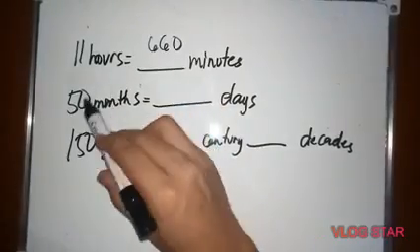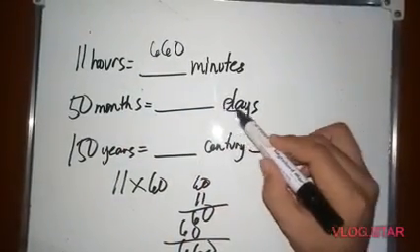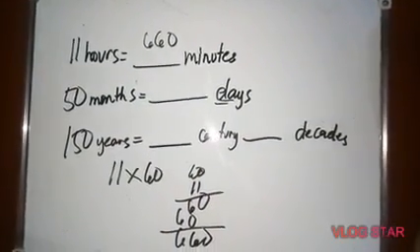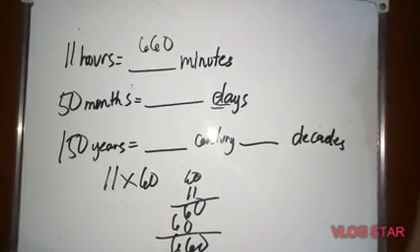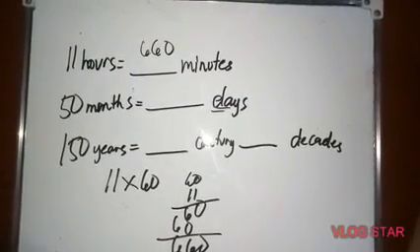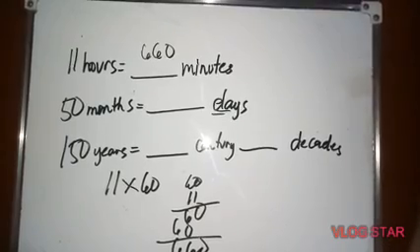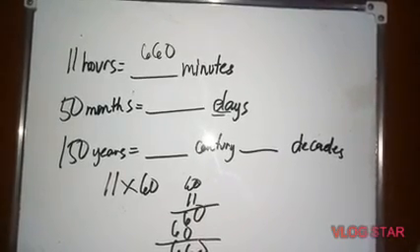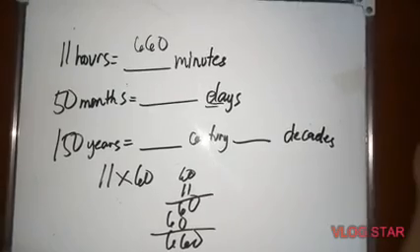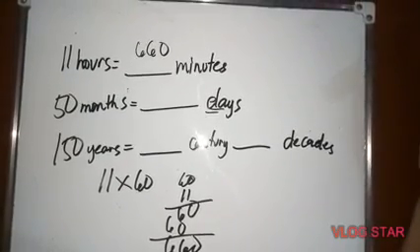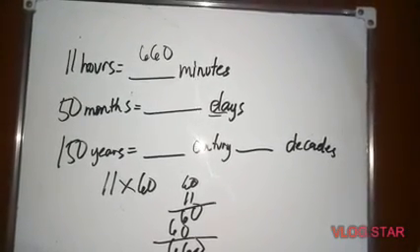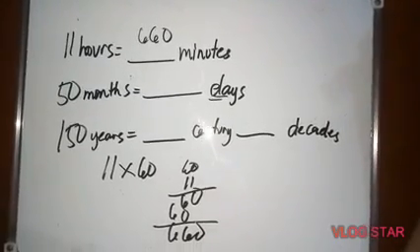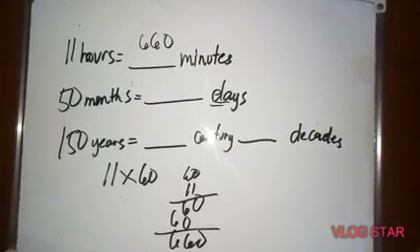Next is 50 months. How many days? So in a month there are 30 days. Even though we have 31 days, and 28 or 29 days for February, we use 30 days in computing. So always 30.